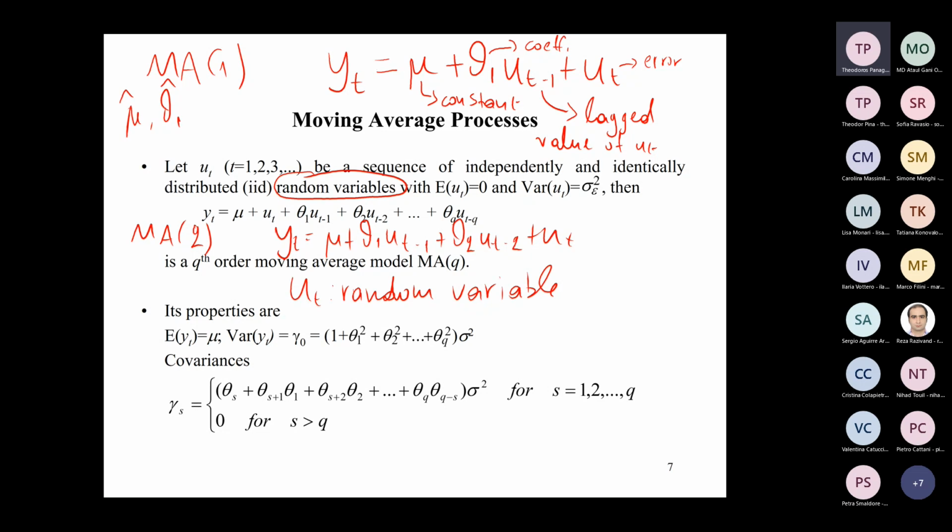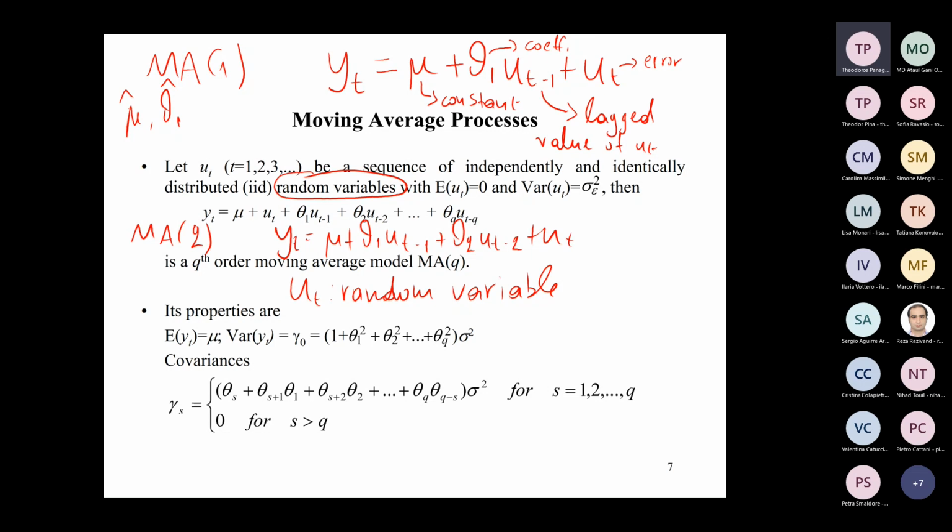A moving average model is a time series model where we're exploiting the lagged values of a random variable in order to explain and forecast the variable that I'm interested in.